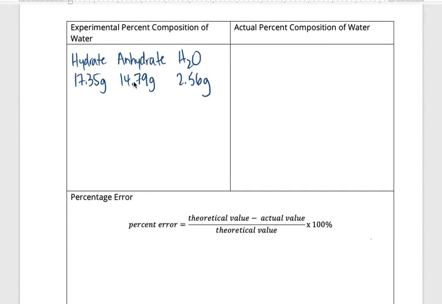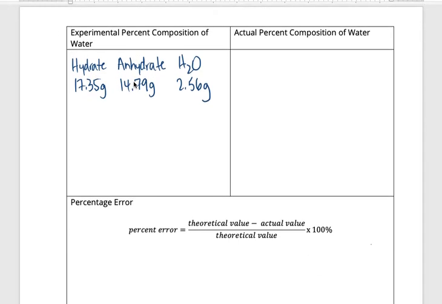In this section, you're going to use what you learned with percent composition. So you know the hydrated compound, the barium chloride dihydrate, had this mass here. Once we heated it, we found that there was only this mass left. So we figured out that the rest of it had to be the water that evaporated off. We're going to find the percent composition of water using this experimental data.